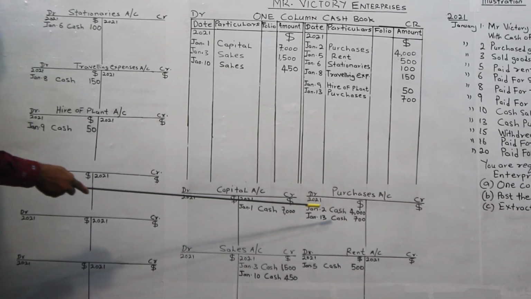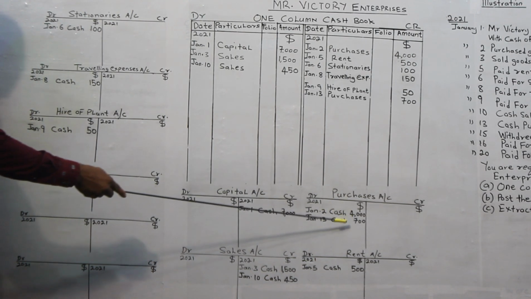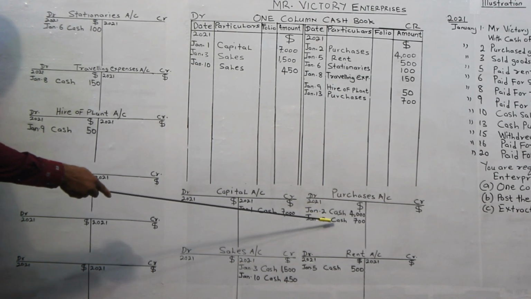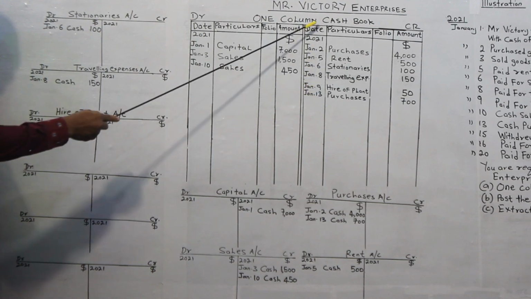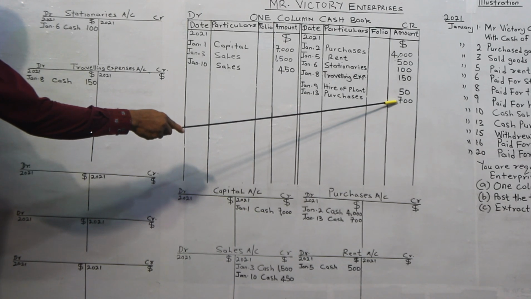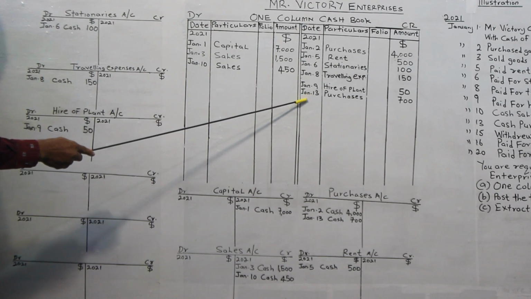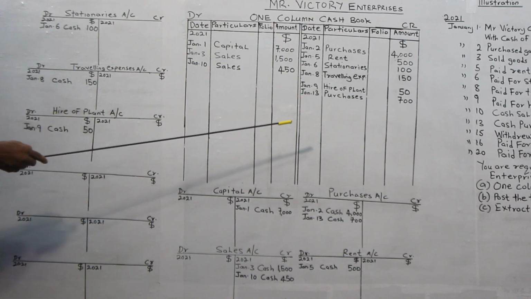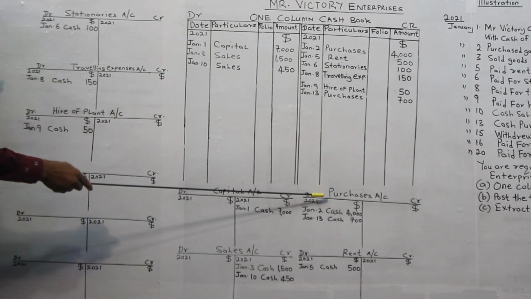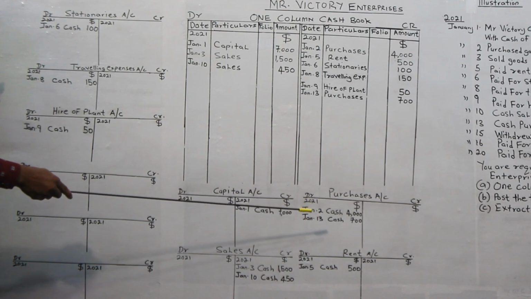So we debit the purchases account with $700 on January 13, 2021, received from cash, while the cash account was credited with $700 given out as a result of purchases on January 13. So in this transaction, the cash account was credited while the purchases account was debited with $700 in respect of purchases.